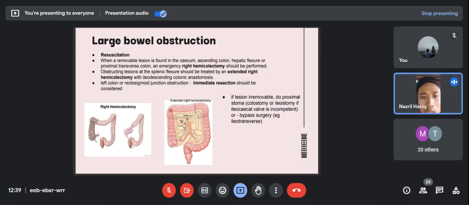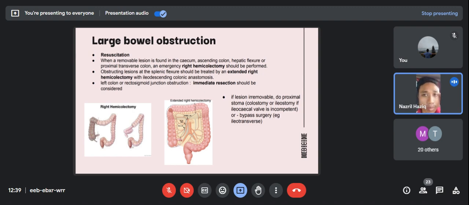And then if the lesion is at the splenic flexure, we can do an extended right hemicolectomy. If the lesion is at the rectosigmoid junction obstruction, we can do immediate resection. And if the lesion is irremovable, for example the tumor is too big, we can do a proximal stoma, so the location of the stoma is proximal to the tumor.